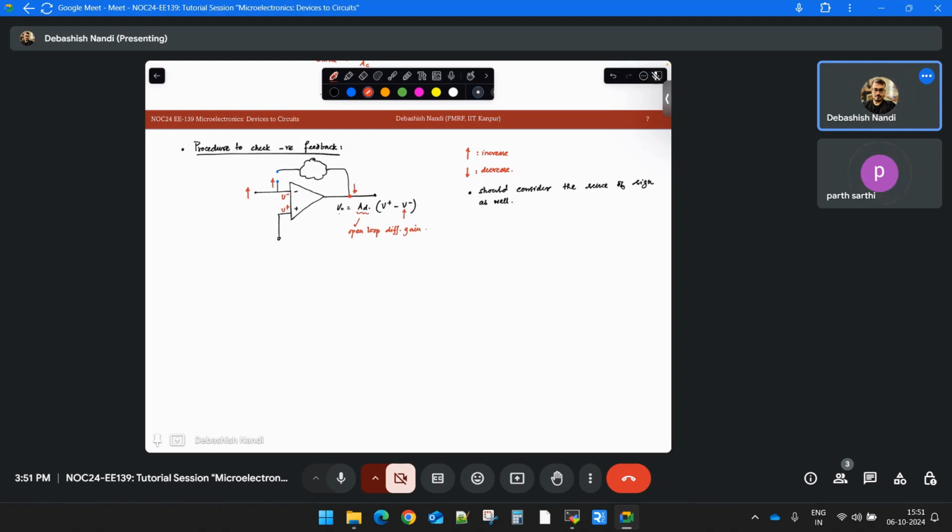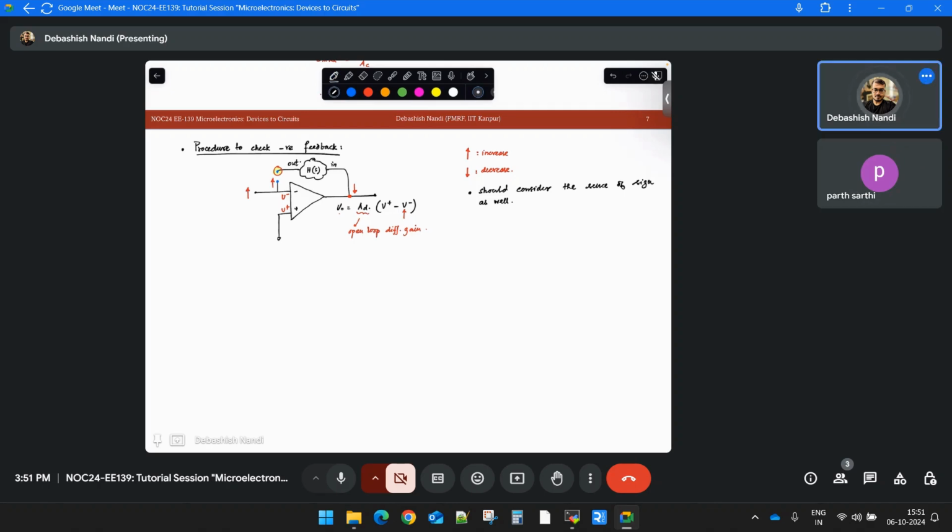Now what you need to check is, at this point, what is the sense of the signal? How do you determine that? Will it increase or decrease? That will depend on the transfer function at this place, right?